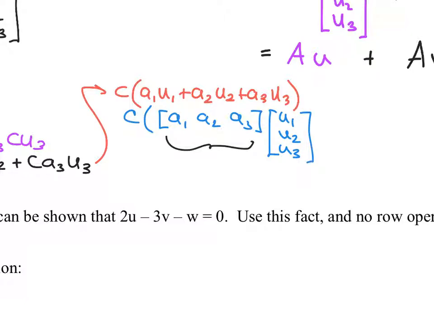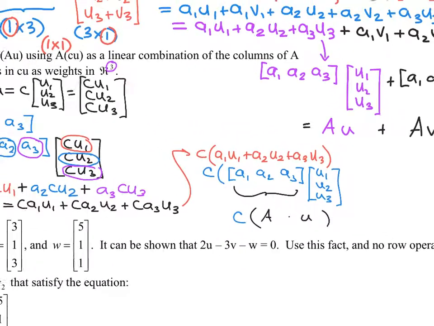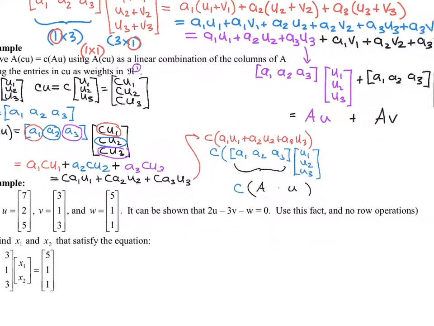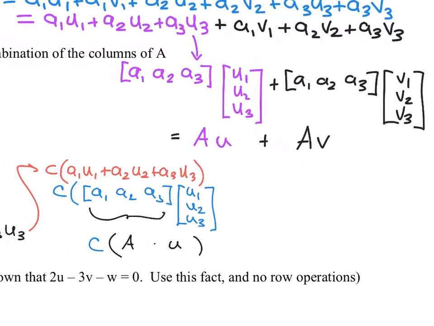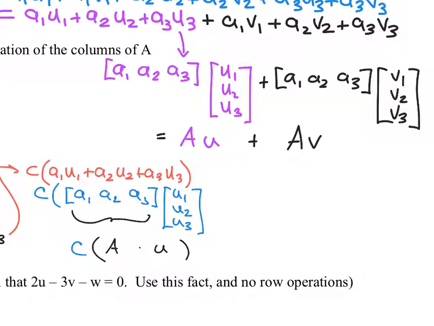A1, 2, and 3 is the same as matrix A. U1, U2, U3 is the same as vector U. And the C is all by itself out in front, C times AU, which ultimately is what we were looking for. Let me just draw a little line to make sure that nobody confuses these two things for being part of the same solution.